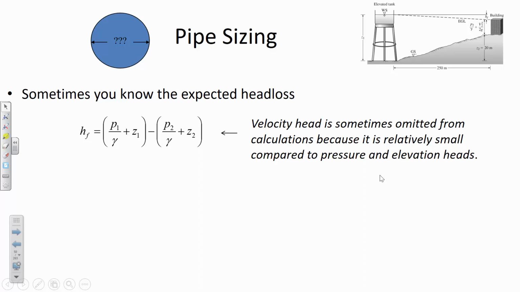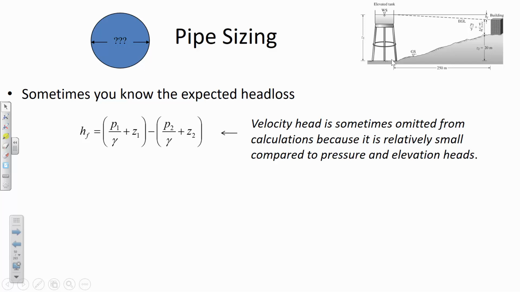Okay, the rest of what we're going to talk about today is when you want to find out how big the pipe needs to be for a certain situation. The example that we worked on Thursday last week was we had some tank and we knew what the head loss was going to be.